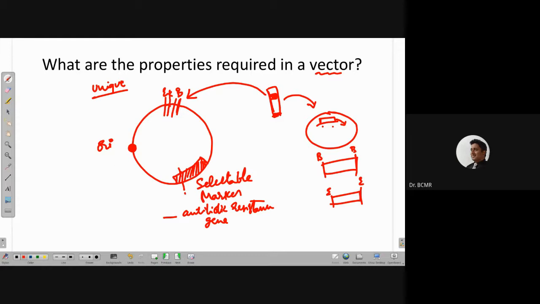That means it increases the types of different sequences that this vector can be used for. So these are called multiple cloning sites, and those are restriction sites, which should be unique.